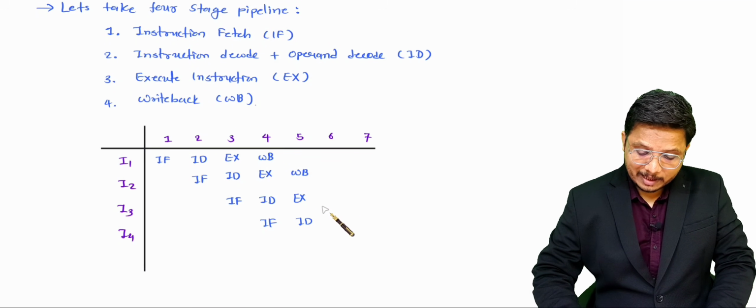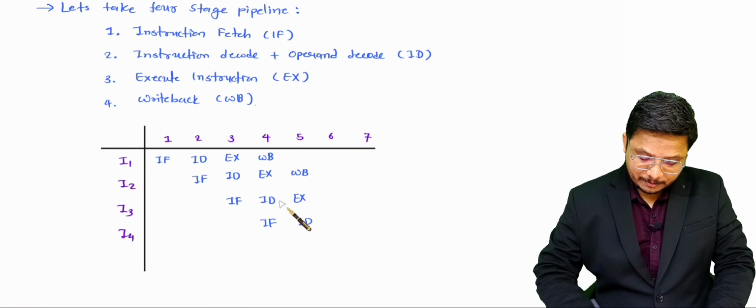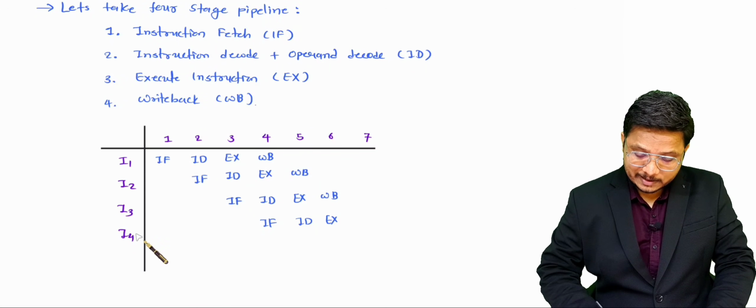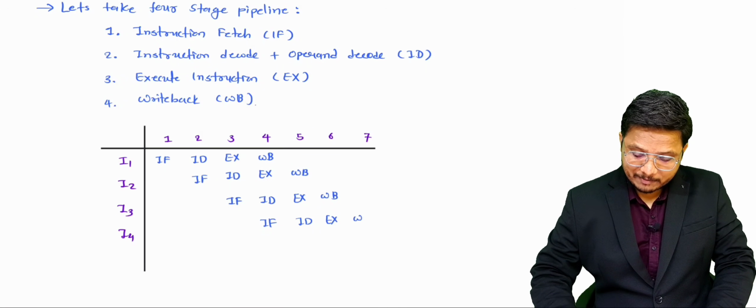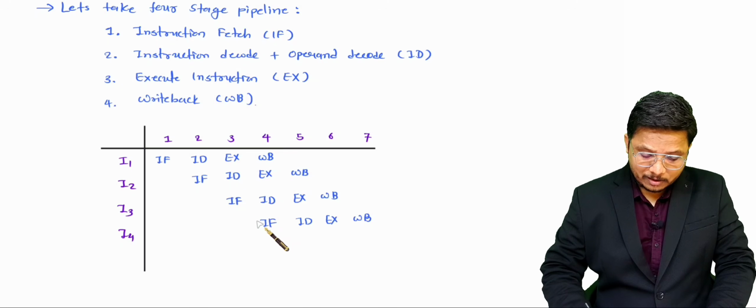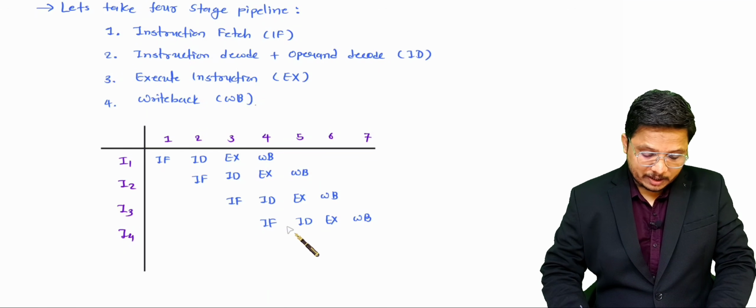In the sixth cycle, I3 will have the write back stage, and I4 will have the execute stage, and in the seventh cycle, the fourth instruction will have the write back stage. That is how this pipeline structure will function.